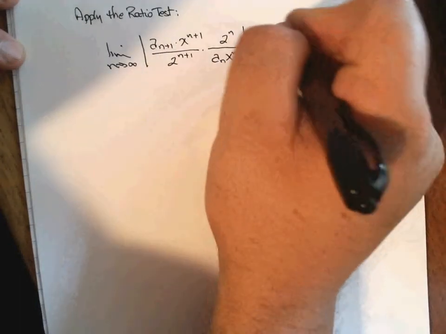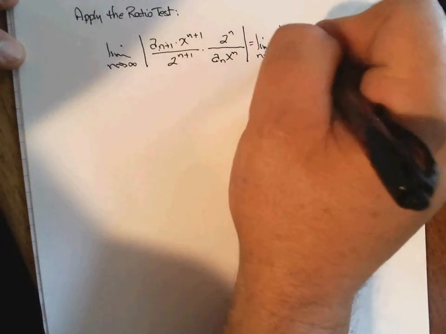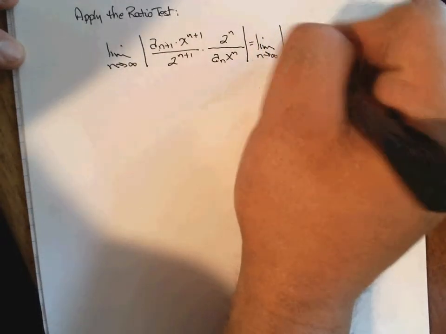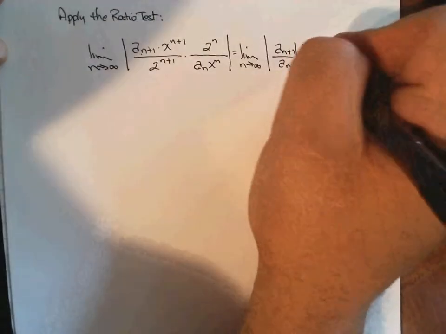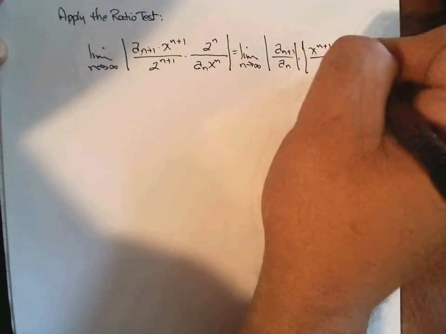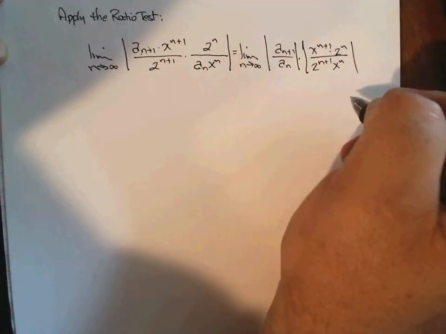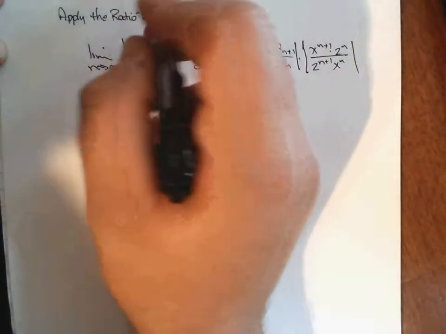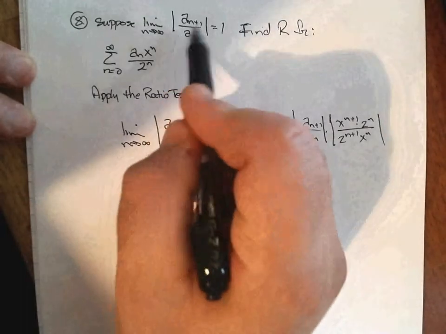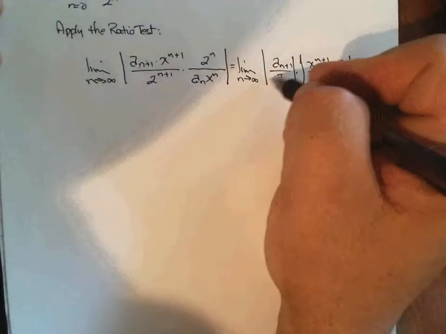Well, let's break this up. The a sub n here and the a sub n plus 1 here, put those out in front. And then here we have the x to the n plus 1 times 2 to the n over 2 to the n plus 1 and x to the n. Now I already know from the supposition up here that the limit of a sub n plus 1 over a sub n is 1.